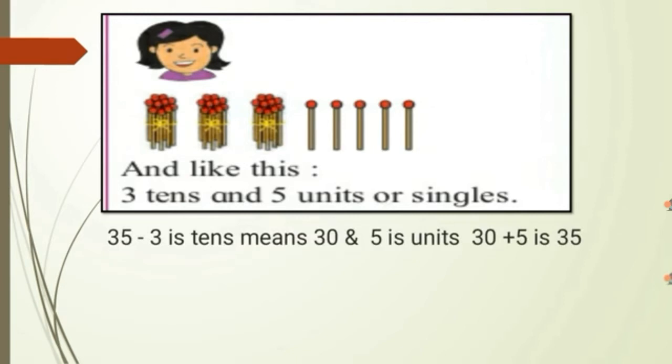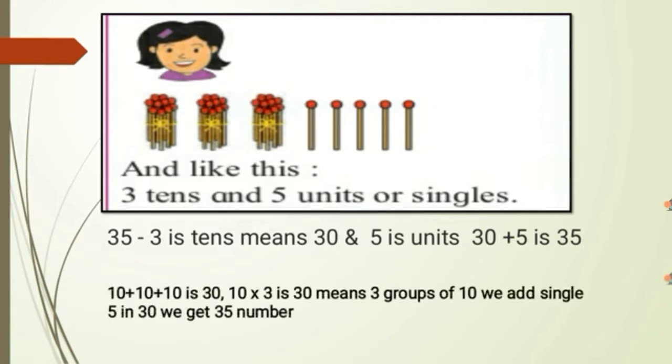In 35, 3 is the tens, means 30, and 5 is the units, so 30 plus 5 is 35. Okay. You can see here also: 10, 10, 10 means 1, 2, 3 tens is 30.